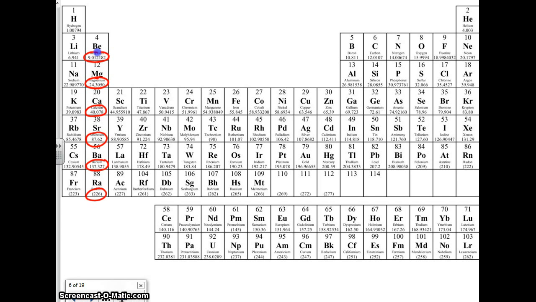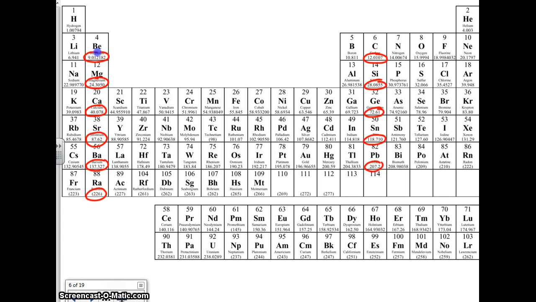You can see that as you go down in this column, and if we were to do it on any of these columns, carbon, silicon, germanium, tin, and lead, as you go down a column, the mass gets heavier.